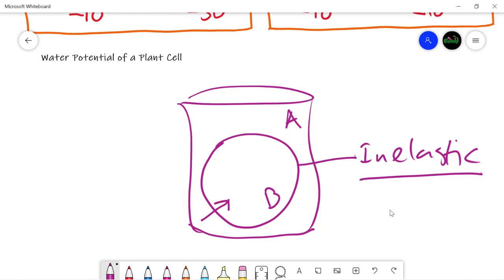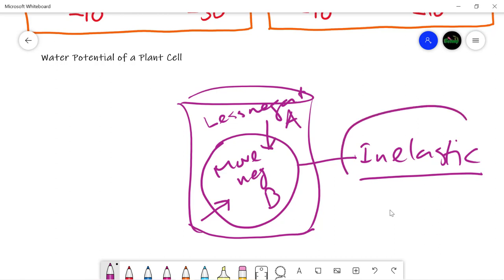So water can move from A to B due to its water potential gradient, because it is high or less negative in container A, and it is more negative or low in container B, due to which water enters from container A to container B. But since this is an inelastic membrane, it does not allow stretching, so entry of a very small amount of water inside this container B brings the whole system to equilibrium.